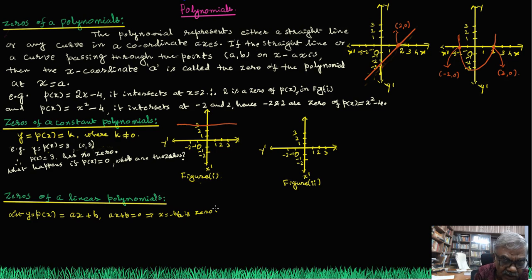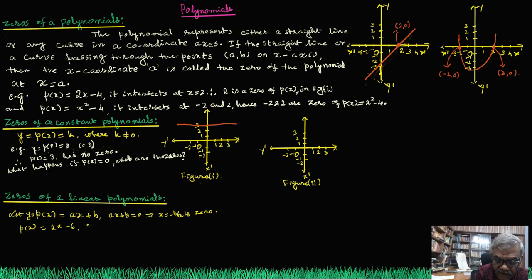Now, in a particular example, let us take p(x) is equal to 2x minus 6.